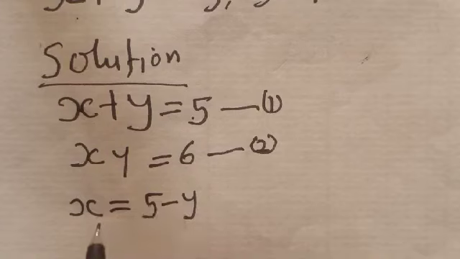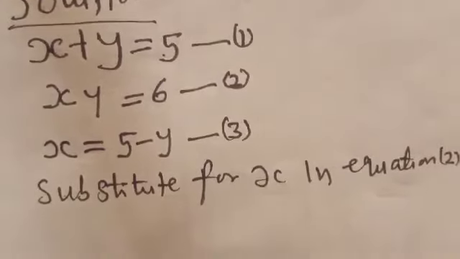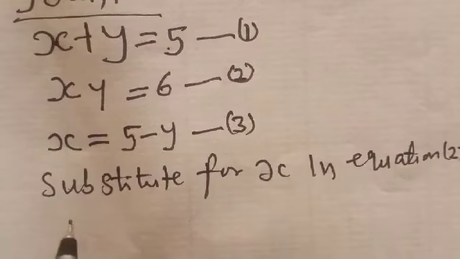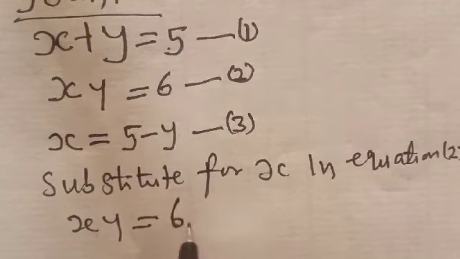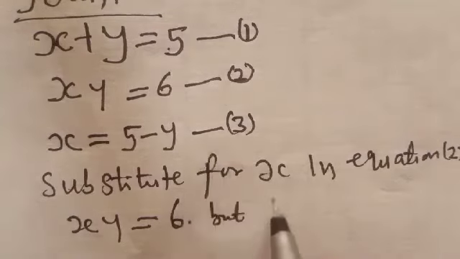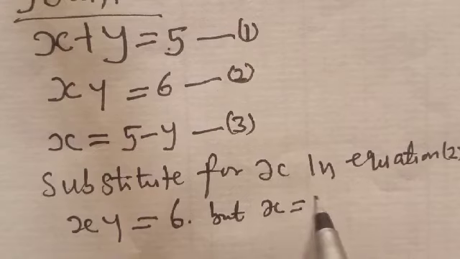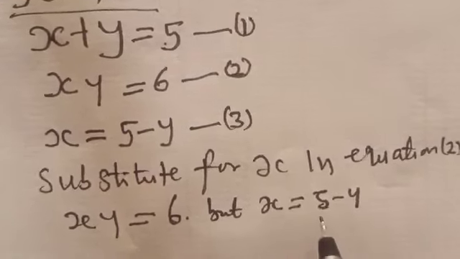In equation 2, we have xy is equal to 6, but from equation 3, we have x is equal to 5 minus y. Then anywhere you see x, you put 5 minus y there.